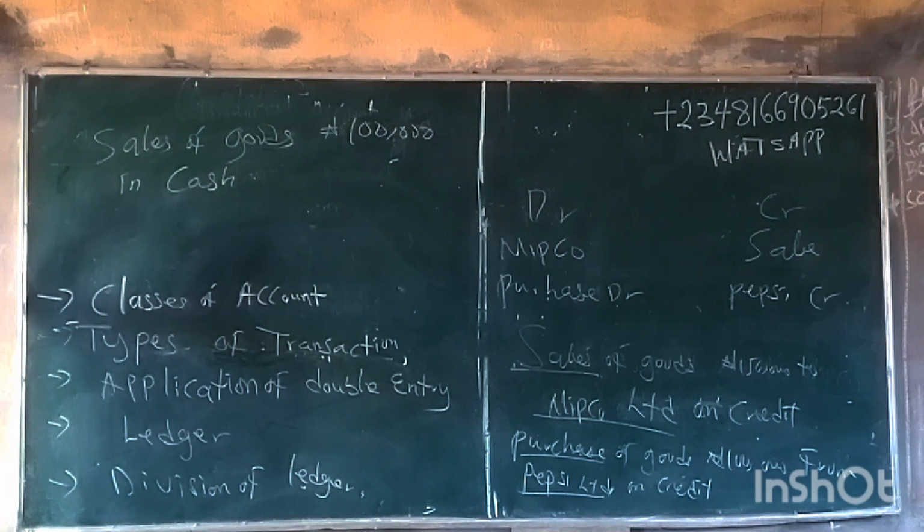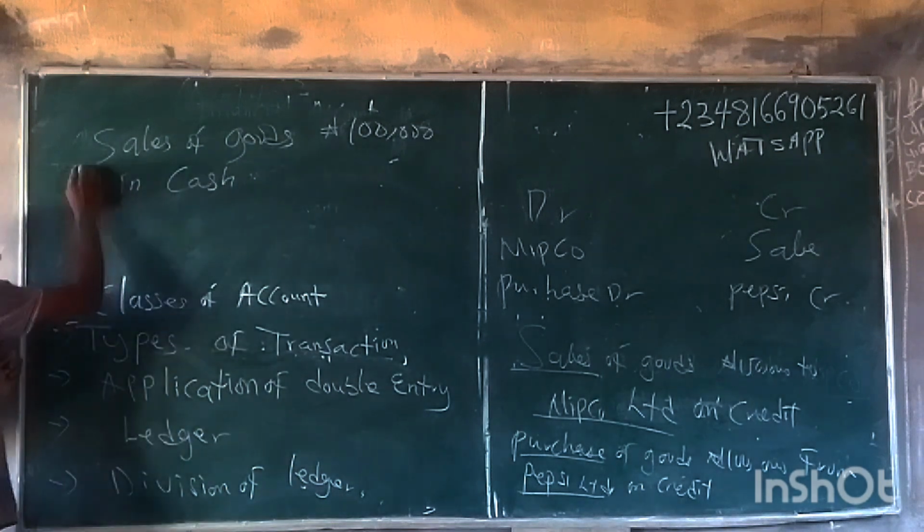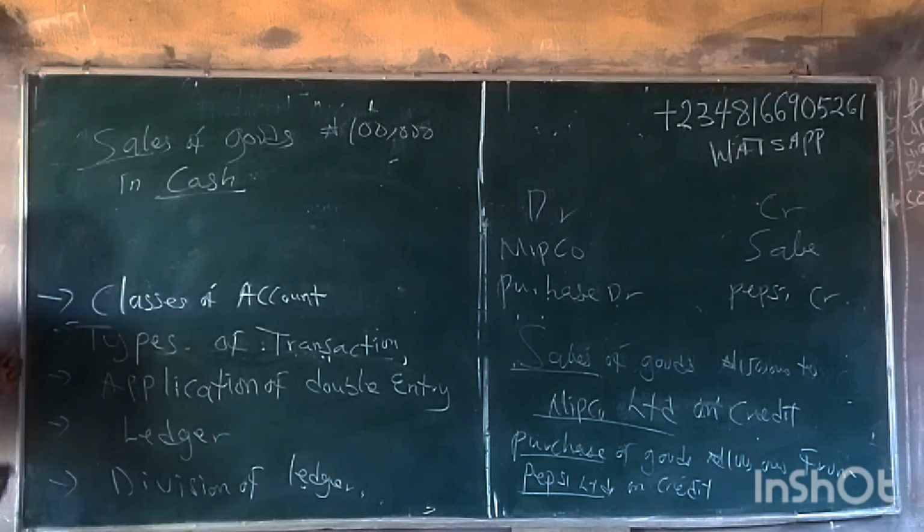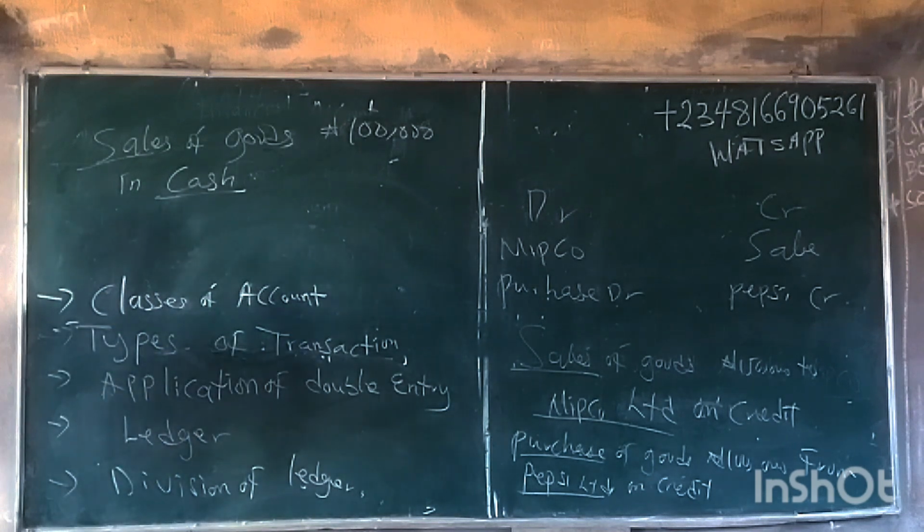In this case, the two accounts that need to be prepared are the sales and the cash. The sales and the cash. Sales of goods 100,000 naira in cash.